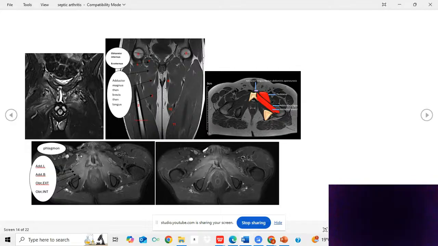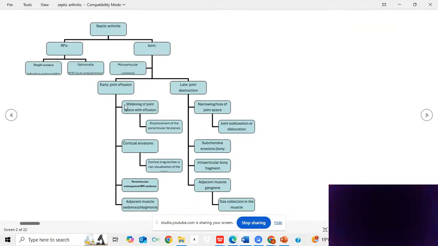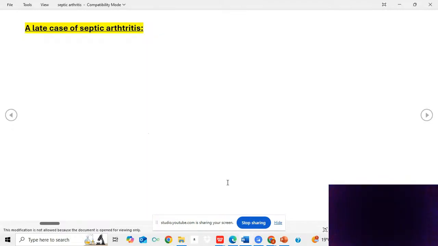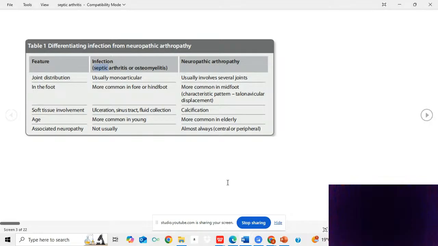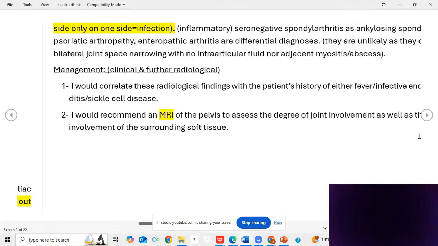So if you go to the previous slide, adjacent muscle edema and phlegmon or abscess are all signs of early septic arthritis. However, abscess as well as adjacent muscle abscess or gangrene are signs of late septic arthritis.